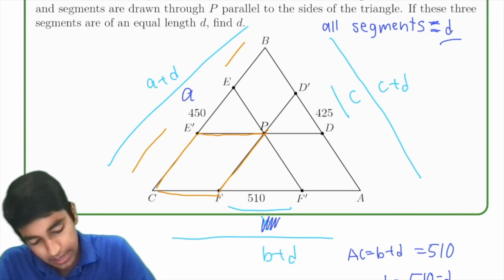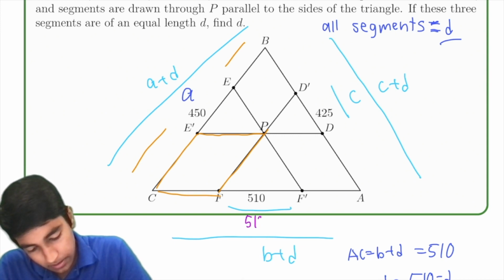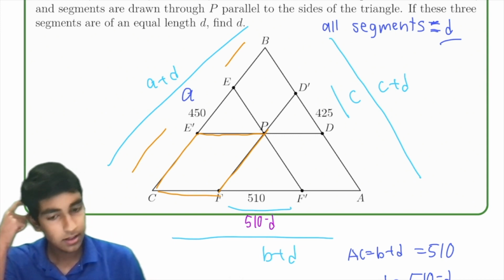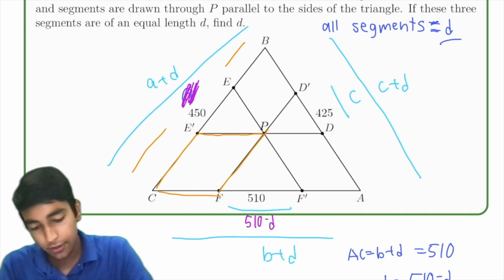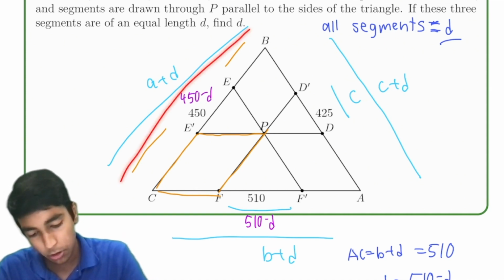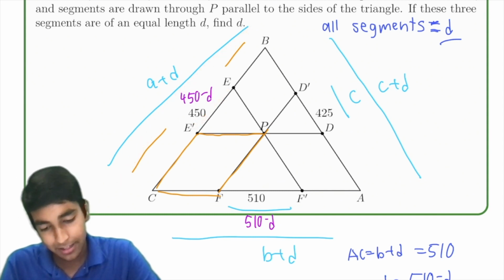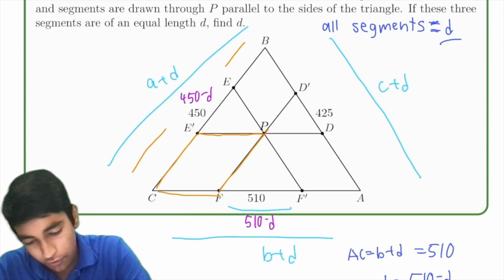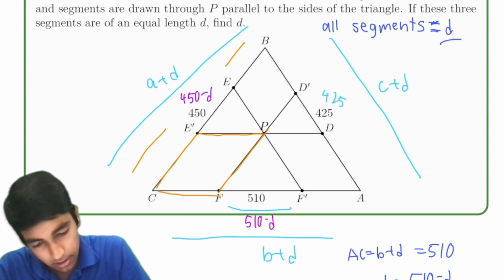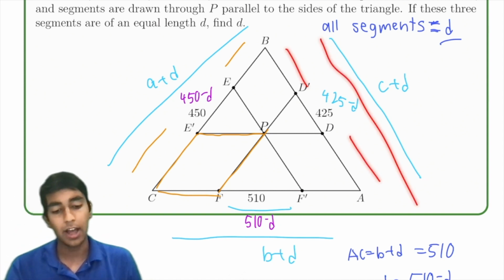B is 510 minus D. Similarly, we can get that A is 450 minus D, because the whole segment 450 is equal to A plus D. And similarly, C will be 425 minus D, because the sum of these 2 segments is D, and this whole thing is 425.